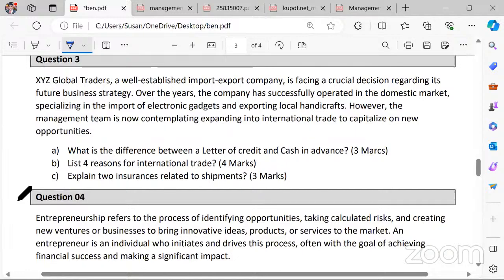We can use international trade to expand the market. On the other hand, this is a very important thing: international trade empowers the consumption pattern, right?